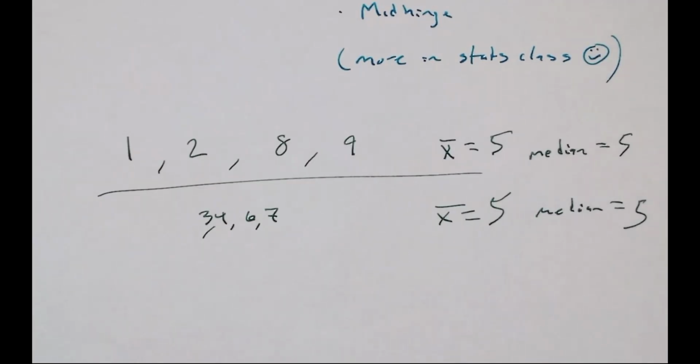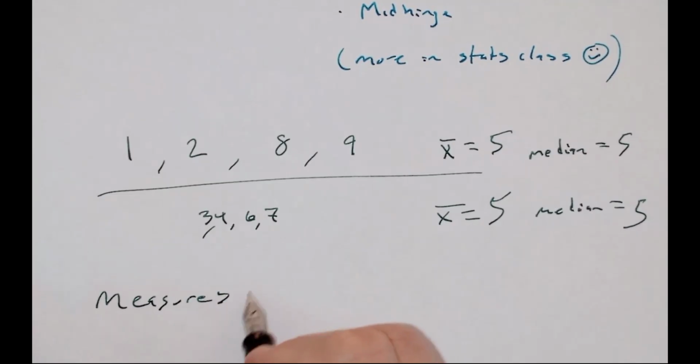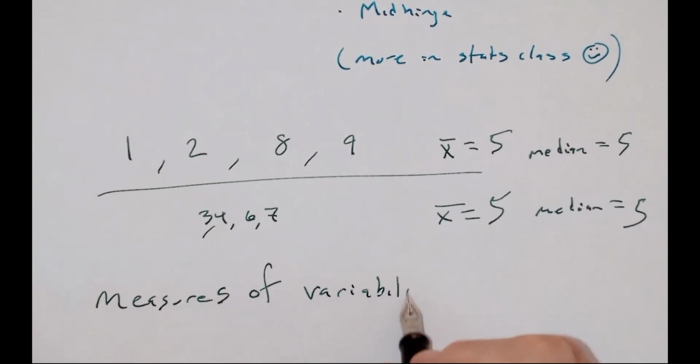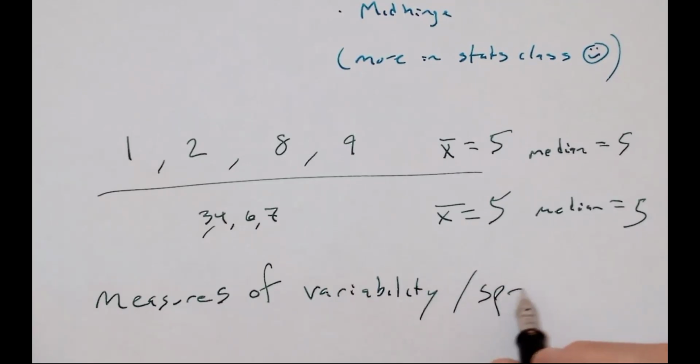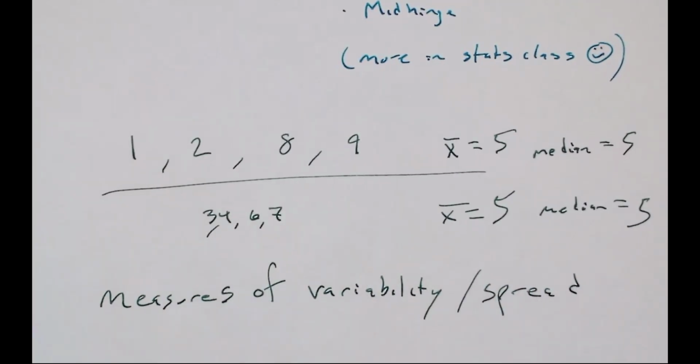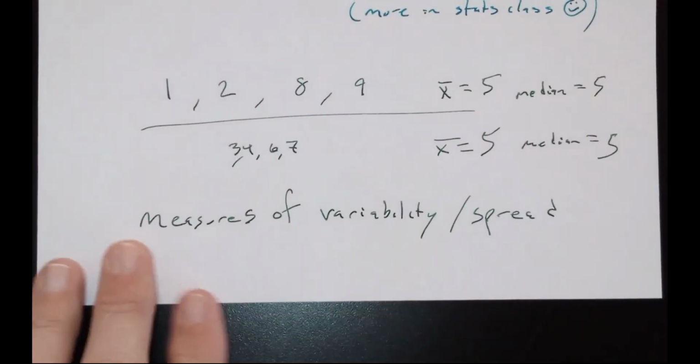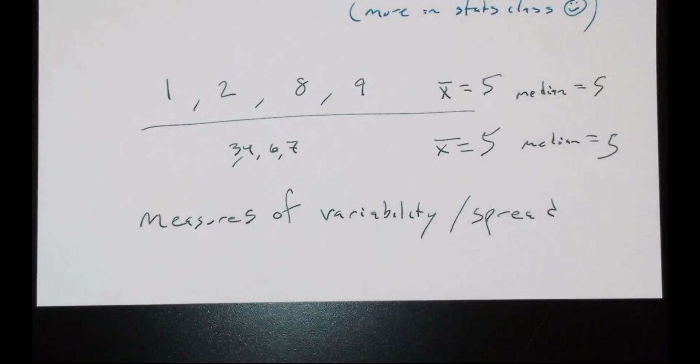So I need to look at variability, at spread. Now, the easiest measure of spread is called the range. And the range is just the difference between the top and the bottom.